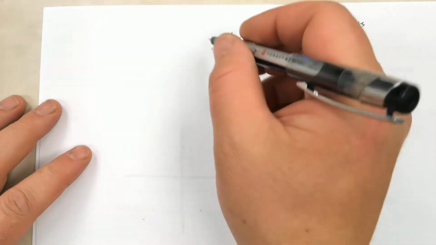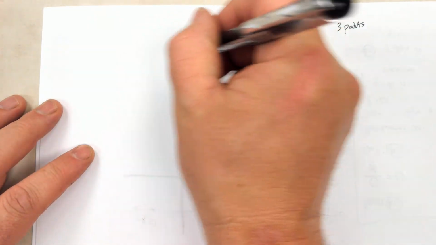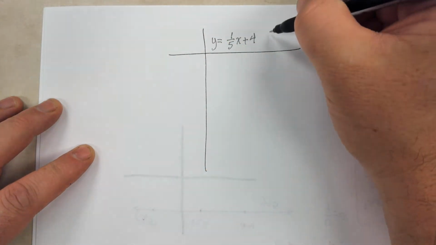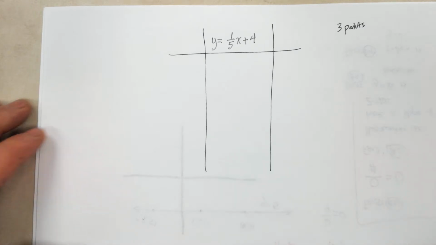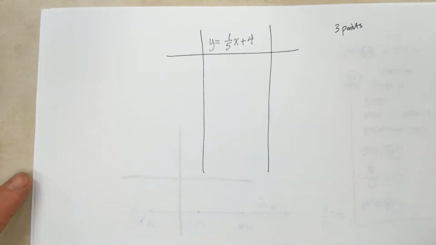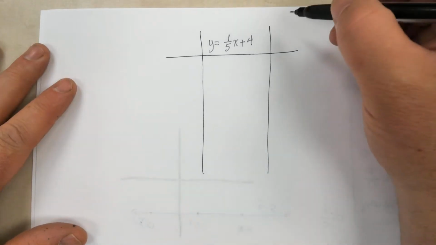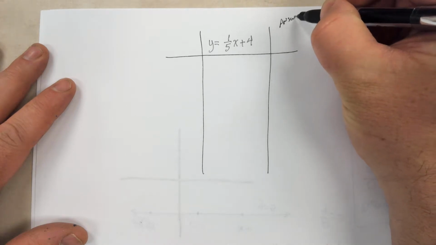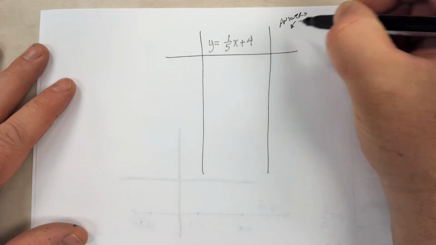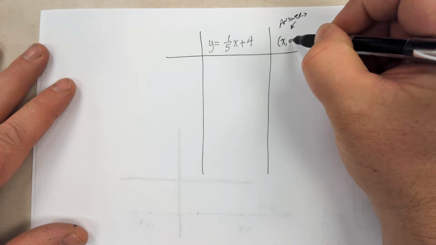So here's what we did. Let's say we're gonna graph this one. We did a table kind of like this. Our answers are going to go here, and those are going to be like the coordinate x comma y.